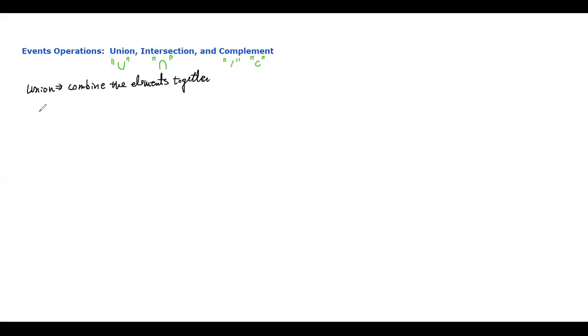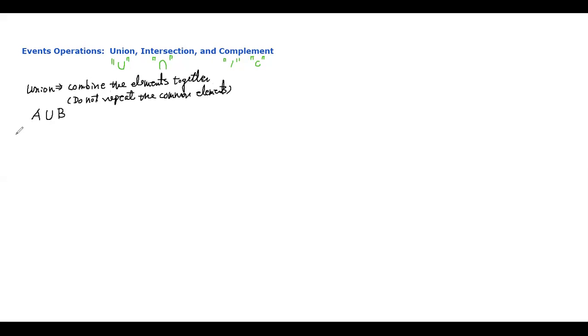We use this notation: A union B. That means I'm combining both the elements in A and the elements in B. We combine the elements together, so we do not repeat the common elements.